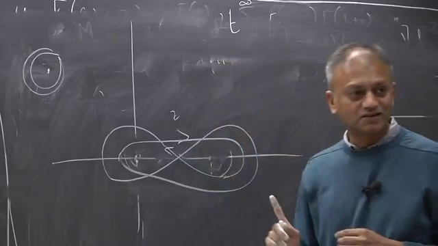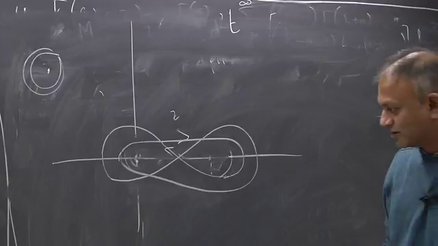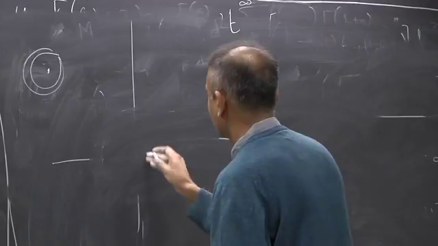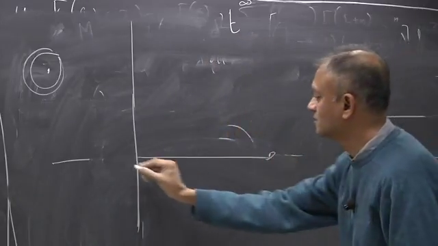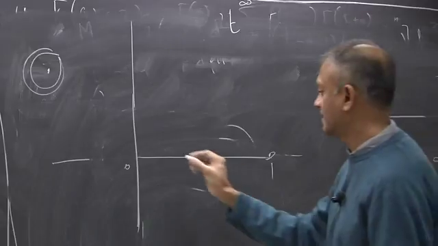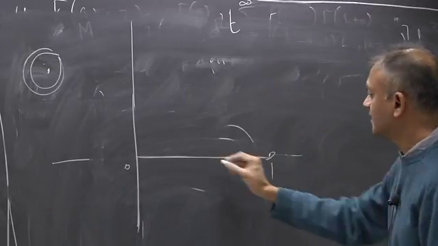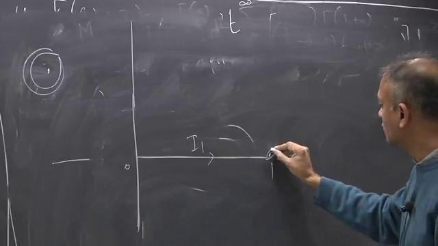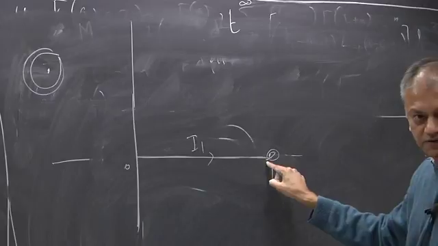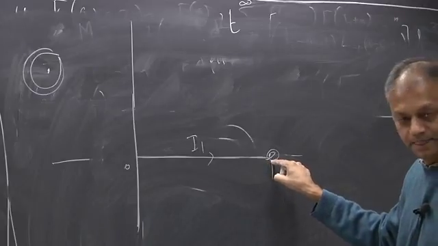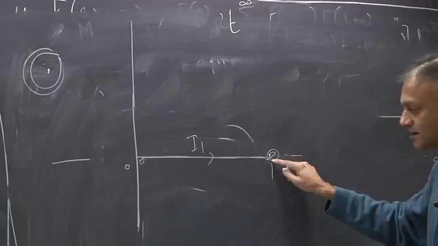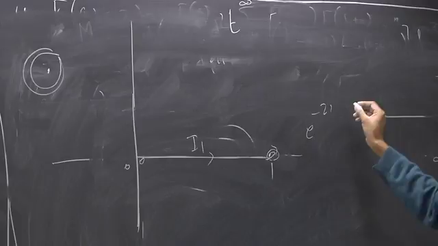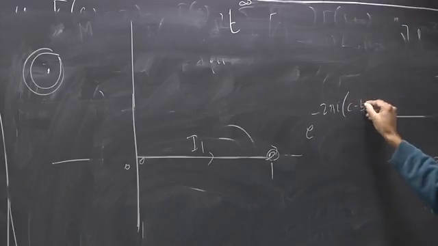But in this process, the answer is not 0. So just think about this, and let's try to draw it. Here is my 0 and 1. First I go around like this, and I call this integral I1. Then I go clockwise around t equal to 1, which picks up a phase e to the power of minus 2 pi i (c minus b minus 1).